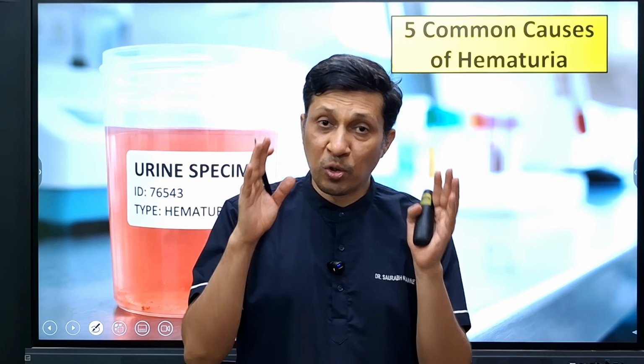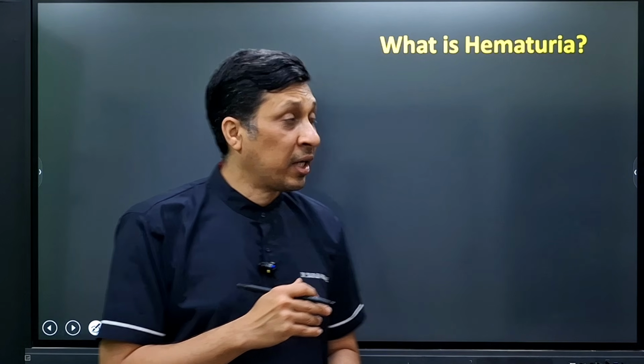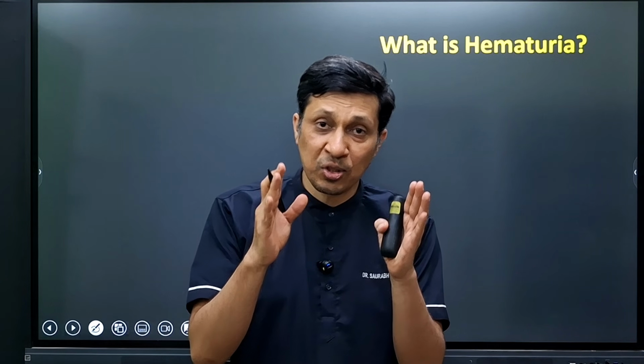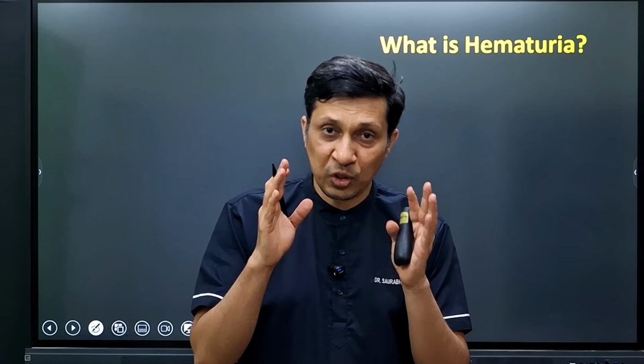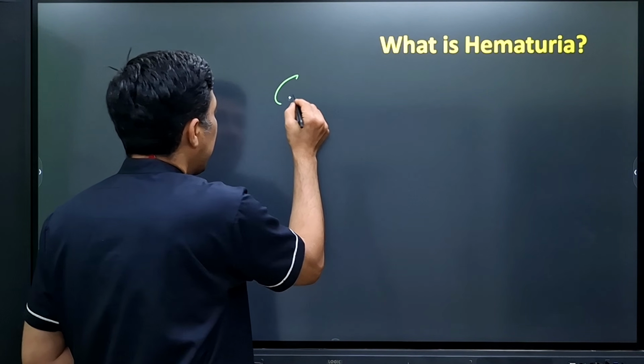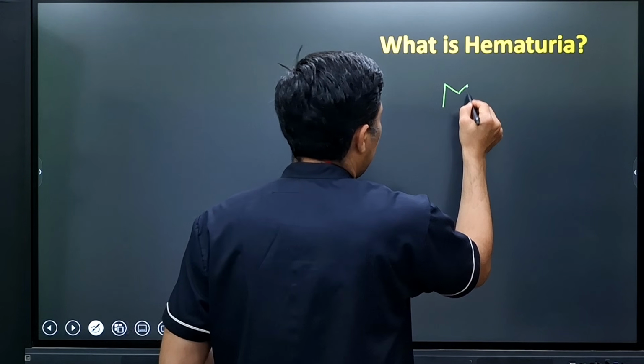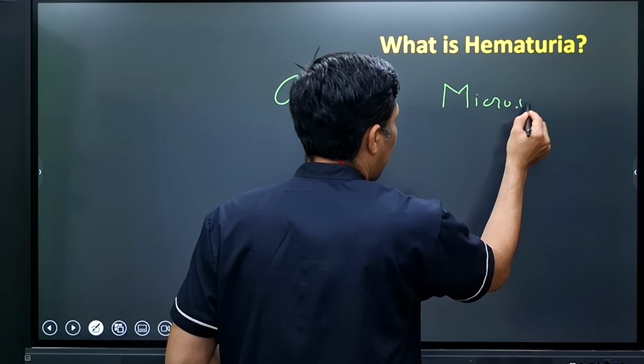Now, before going to the causes of hematuria, let's first see what is hematuria. Hematuria means the presence of red blood corpuscles in the urine. And this hematuria is of two types. One is gross hematuria and the other is microscopic hematuria.